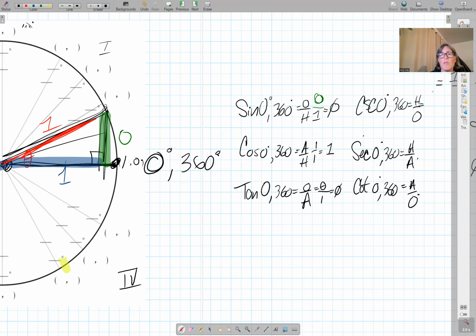Cosecant, hypo is 1, and our opposite is 0, so that's infinity. Our hypo is 1, our adjacent is 1, so that's 1. Cotangent is adjacent, which is 1, over opposite, which is 0, also infinity. So that's going to be both 0 and 360.